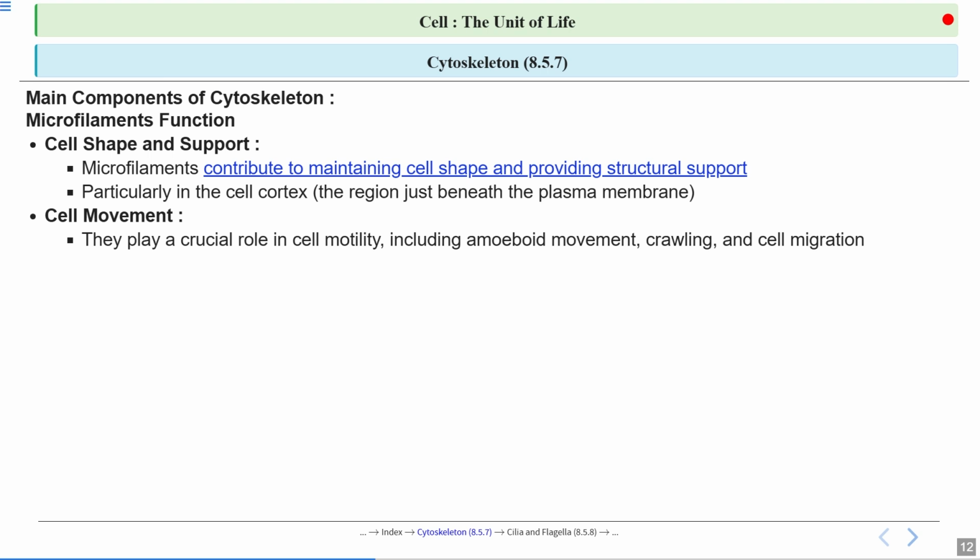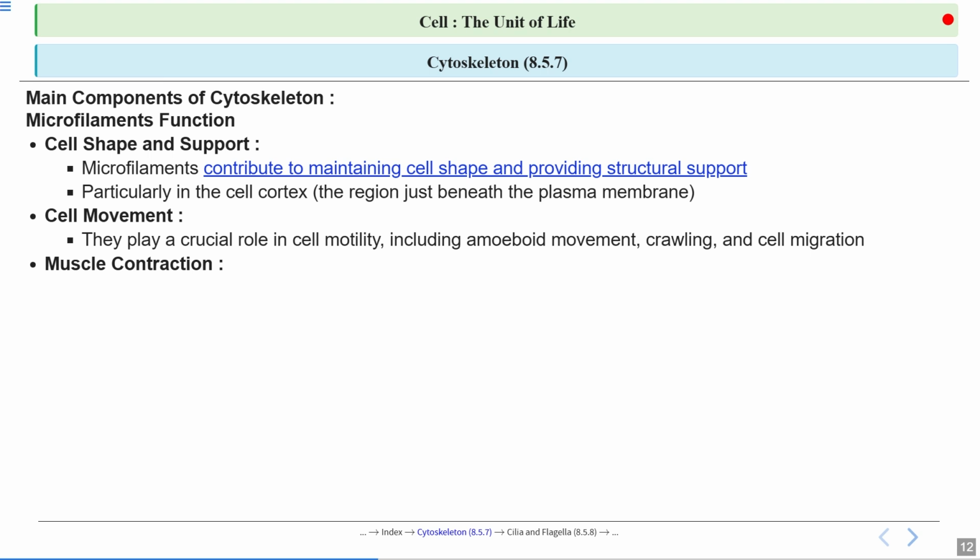So they play a crucial role in cell motility, including the amoeboid movement, crawling movement, and cell migration as well. So you must be knowing about the amoeboid movement, like in amoeba, pseudopodia are formed. So these microfilament help in, or they provide, cell motility. They play a very crucial role in cell motility.